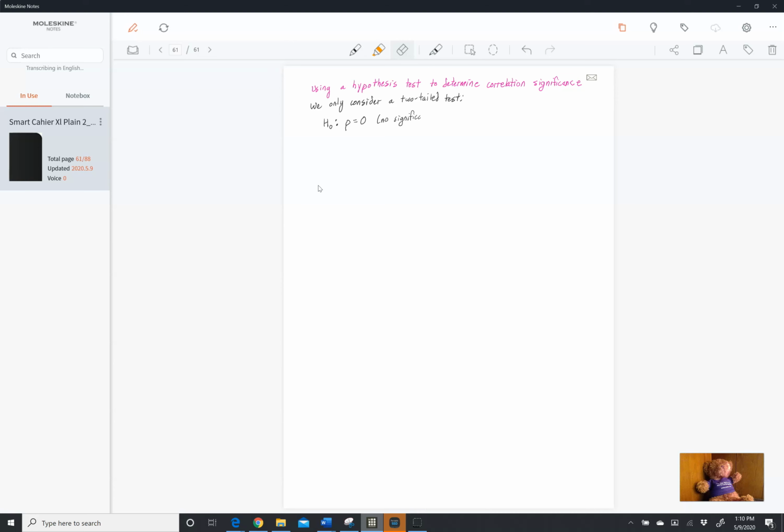That's what the null hypothesis says. And the alternative hypothesis is always a non-equals: our rho is not equal to 0, which means that there is a significant correlation.